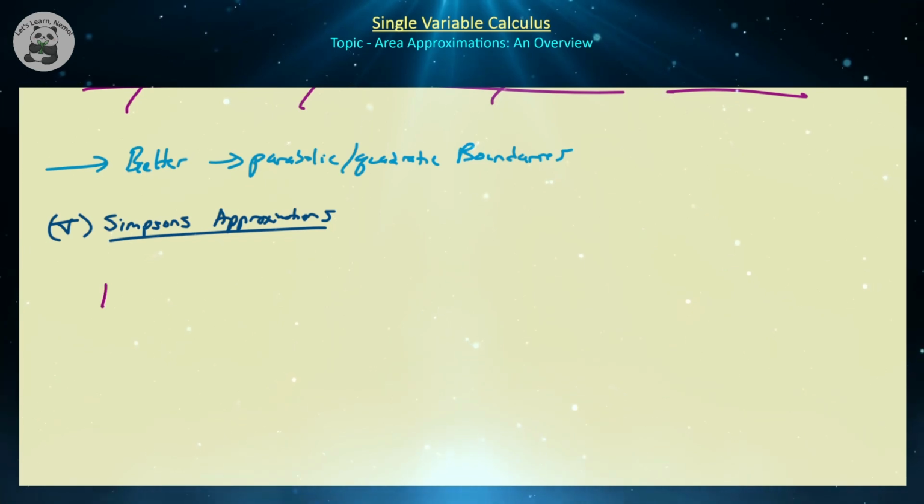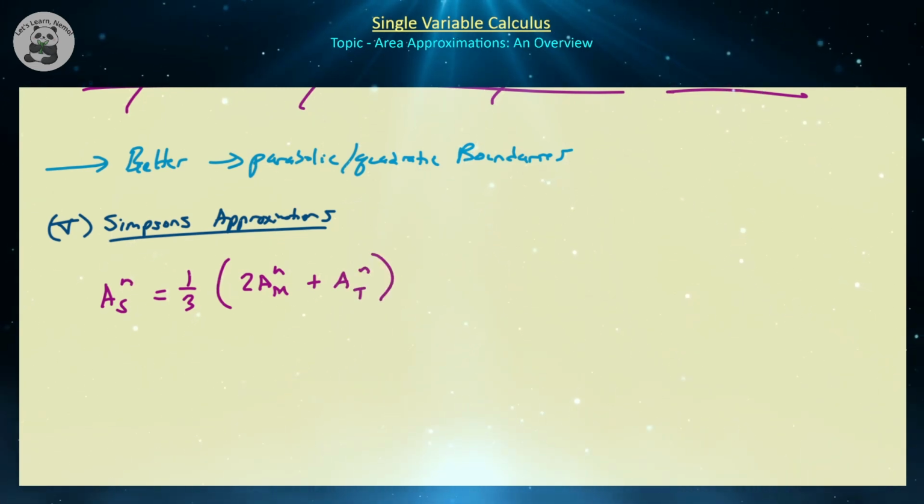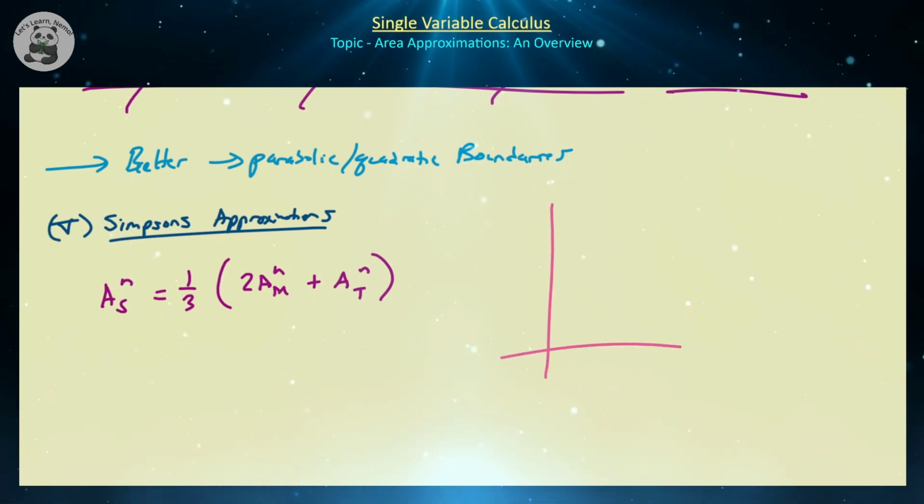So the Simpson's approximation, which I'm going to abbreviate as A_{2n}^S, so it's going to use n parabolas, can be proven to be equal to 1/3 of a weighted average of the midpoint and trapezoid, weighing the midpoint a little bit more heavily. Because the trapezoid definitely accounts for a lot of the change of the curves, but midpoint is definitely just better. So what we do is we weight the midpoint approximation a little bit more than the trapezoidal approximation. So it's just a weighted average of the two, right?